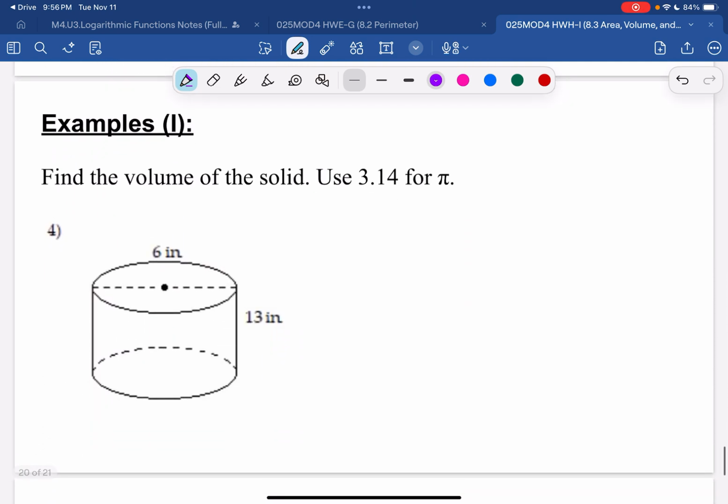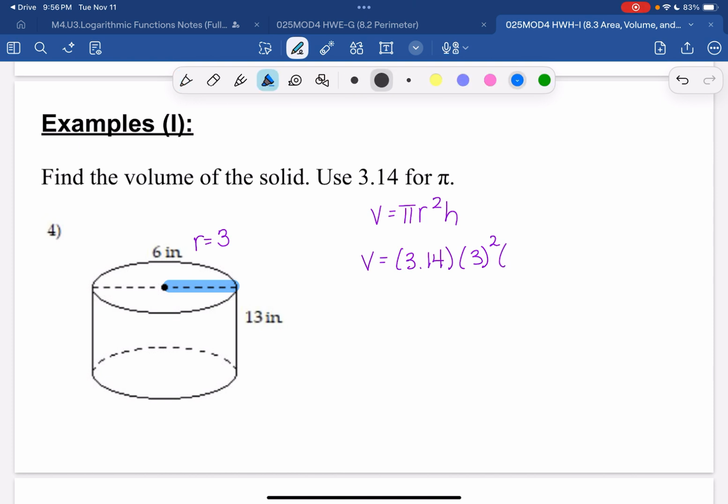All right, in this one we have a cylinder. The volume formula for that is pi r squared h. Still using 3.14 for pi. For the radius, in this case, they still give us the diameter because it goes all the way across. So I need to make sure that we're using the radius, which is 3. So I'm going to plug in 3 squared.